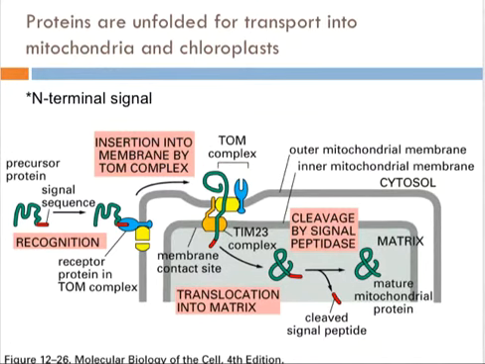So there's definitely some other proteins that are in here, assisting along the way. But the major components are the TIM complex and the TOM complex that need to come together. Only the TOM complex has the receptor, obviously, because the protein is out in the cytosol, so it wouldn't make any sense to have a receptor on the inner complex, only on the outer complex.